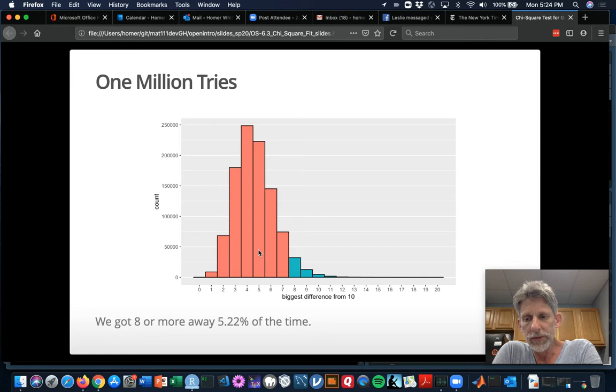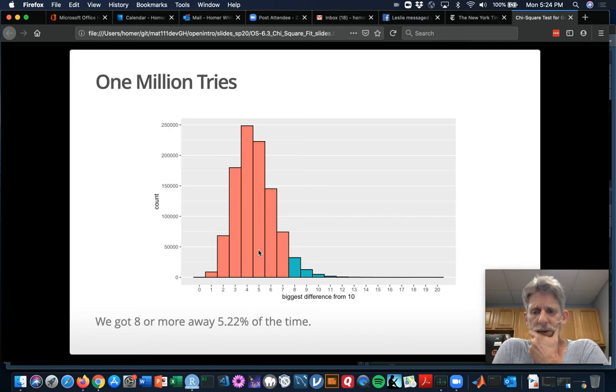Each time it looked at the face that was farthest away from the expected number of 10 and recorded how far away it was. And more than 5% of the time, there was a face that was at least 8 away, 8 higher or 8 lower than the expected 10.